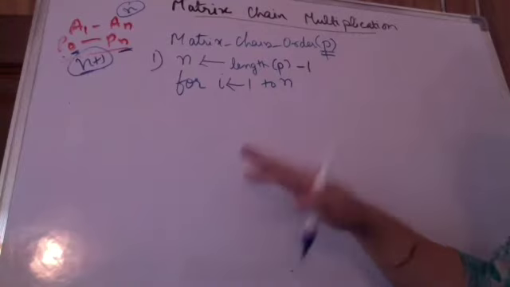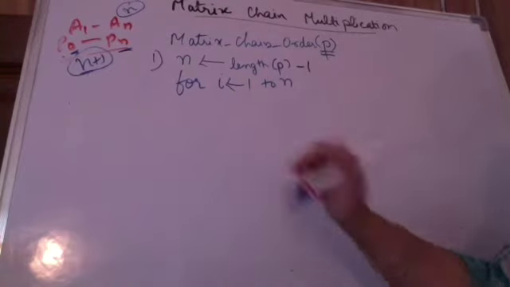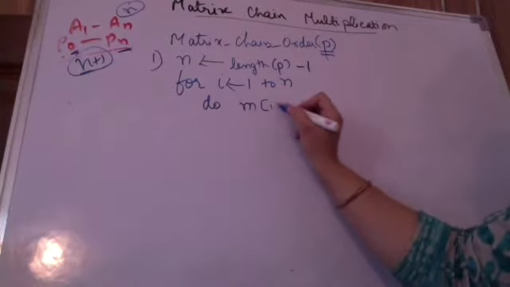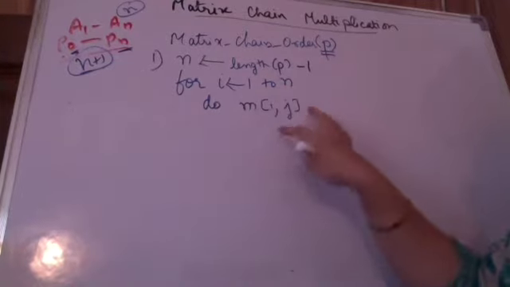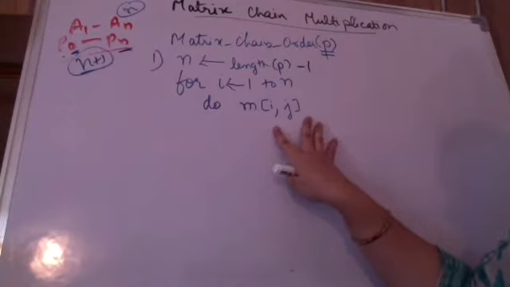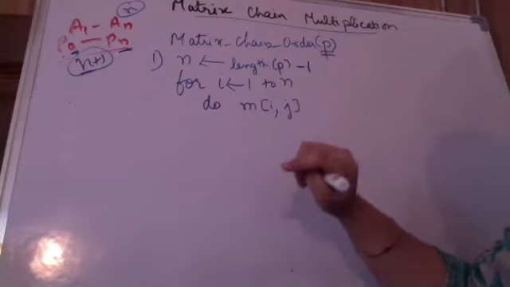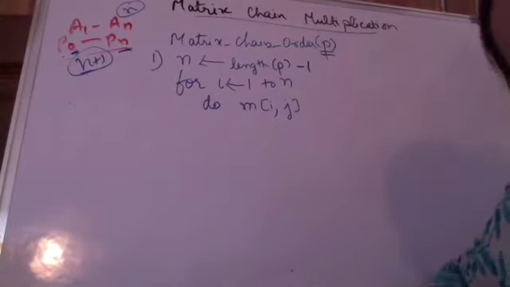Now, if you are converting this, please run from 0 to n minus 1 and so on. What am I doing? I am initializing. We have to start from somewhere. So the smallest M[i][j] is when the chain length is 1. If we multiply one matrix with itself, how many multiplications are required? 0. I am not multiplying A1 with A1, A2 with A2, A3 with A3.